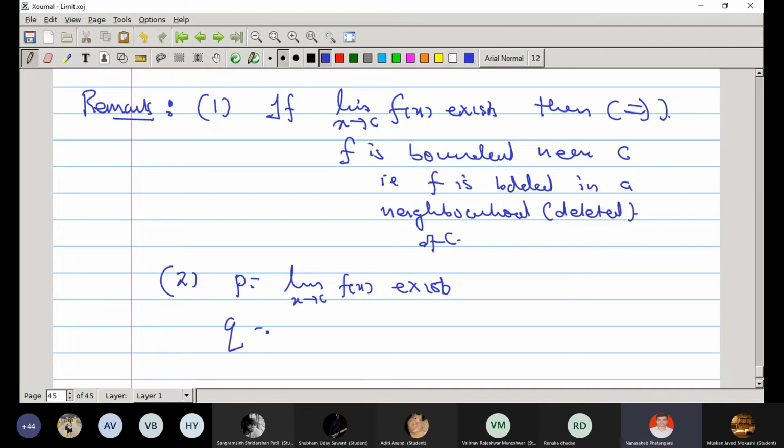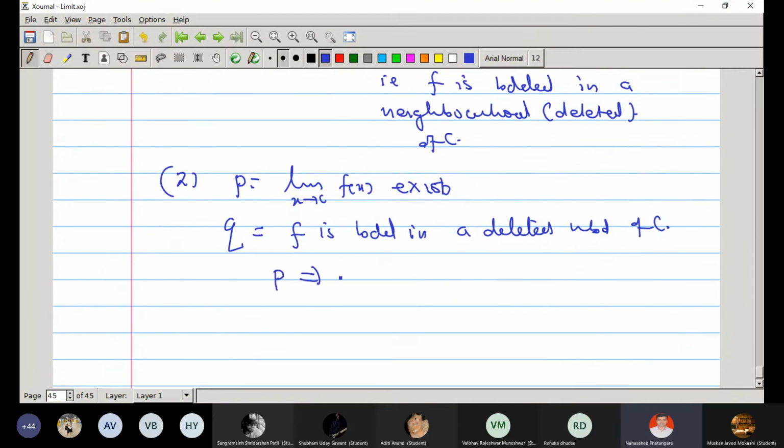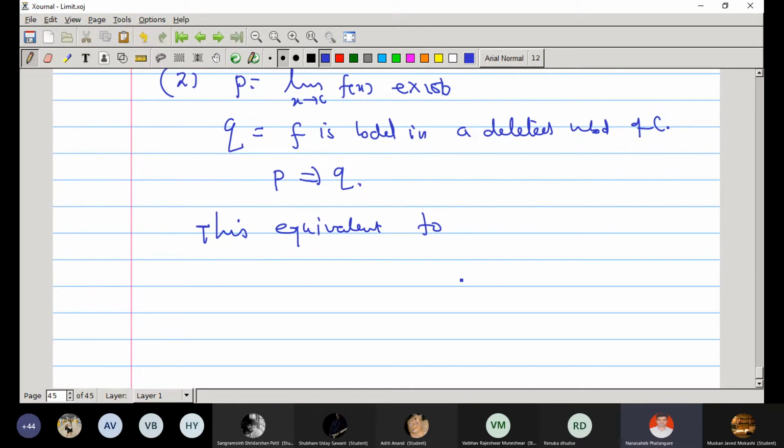What is our statement Q? f is bounded in a deleted neighborhood of c, and what we have is P implies Q. This is equivalent to not Q implies not P.